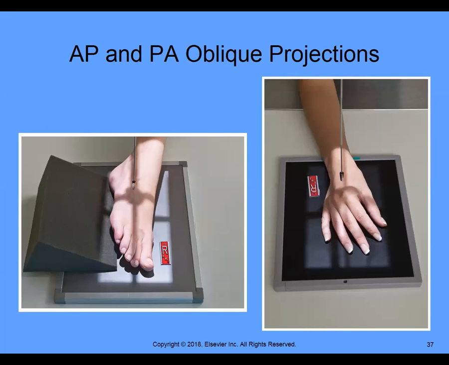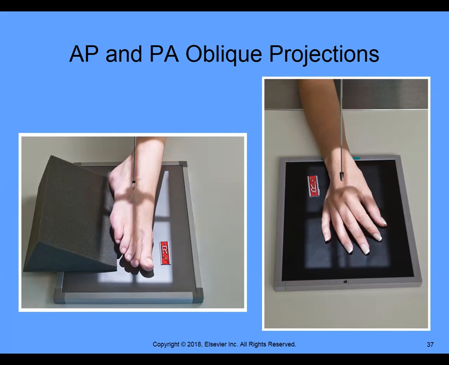All right, so this one here that we were talking about yesterday, now we're talking about the obliques. Again, when we talk about obliques, it is going to indicate the position of the anatomy that it is rotated.